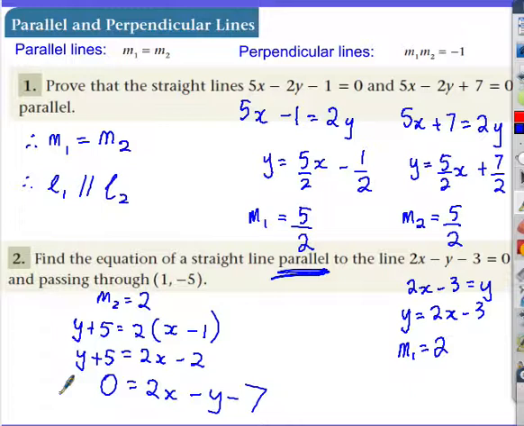The gradient's got to be in y equals mx plus b form to see what the gradient is. And then you can see there is the gradient. So if the gradient of the first line is 2, and they're parallel, it means the gradient of the line we're trying to find must also be 2. And if it goes through that point, and that's its gradient, we can use the point gradient formula to find the equation. Any other questions?